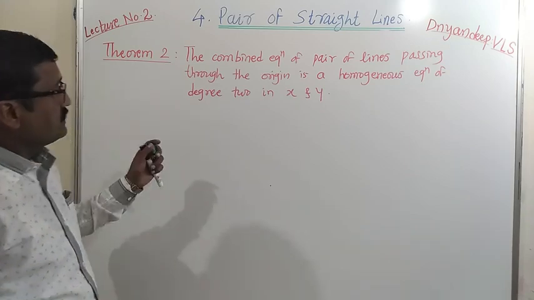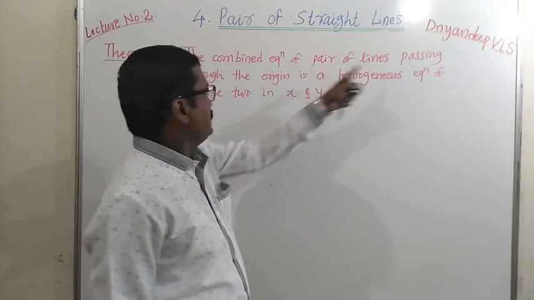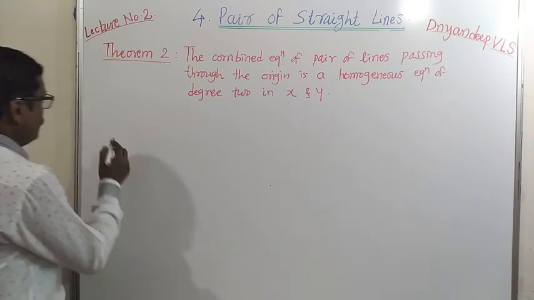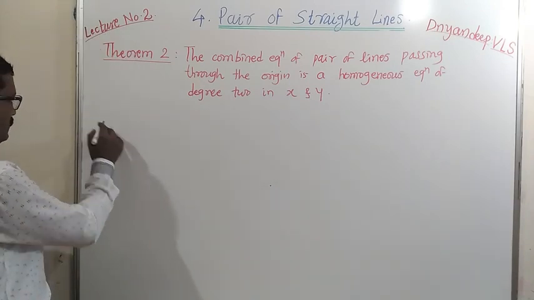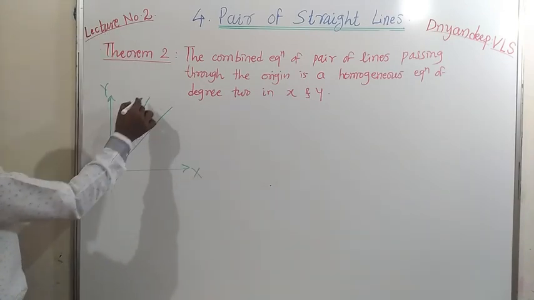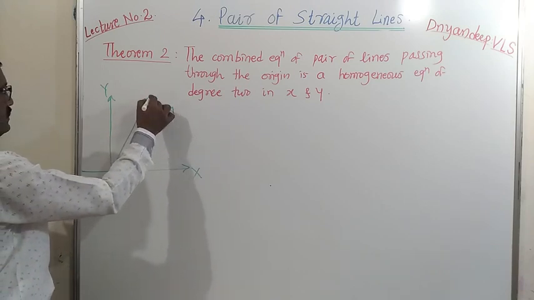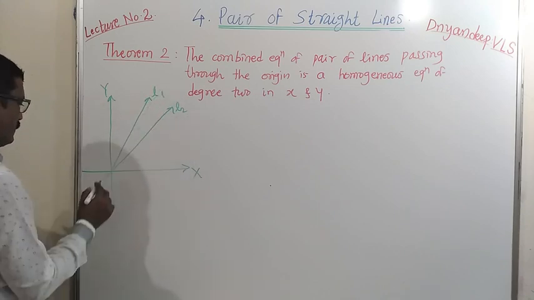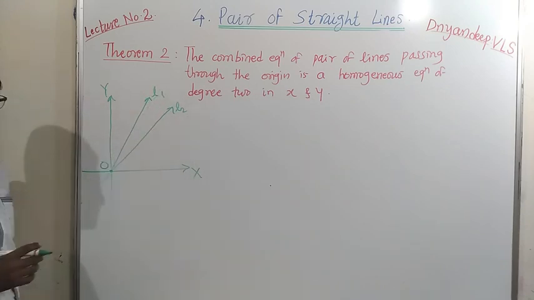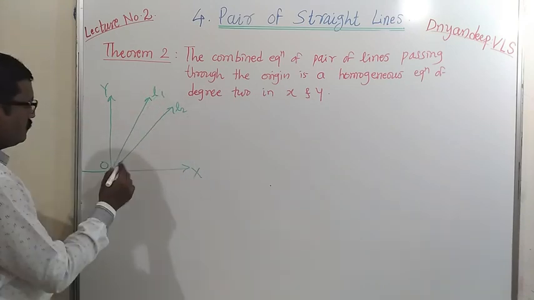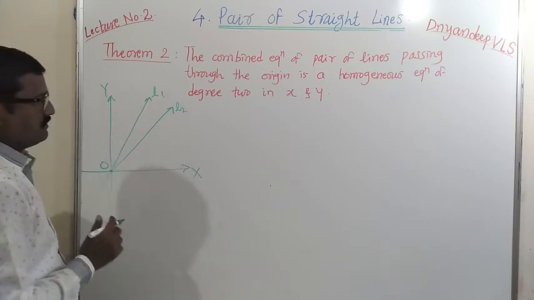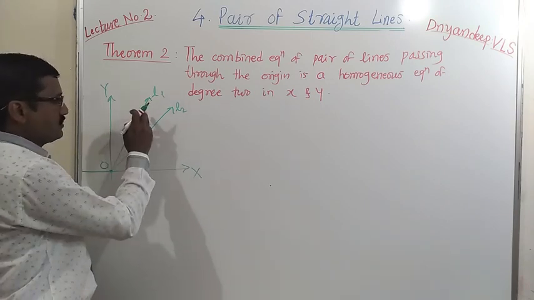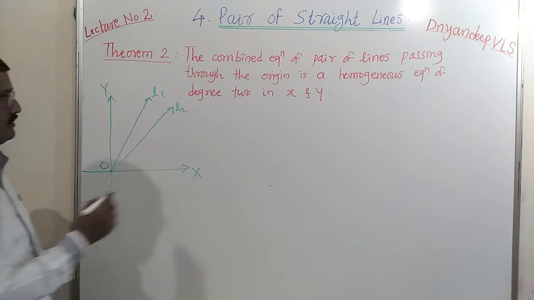Okay, so what is given here? The pair of lines passing through the origin. So let us start with the figure first. This is line L1, this is line L2. Both these lines are passing through the origin.